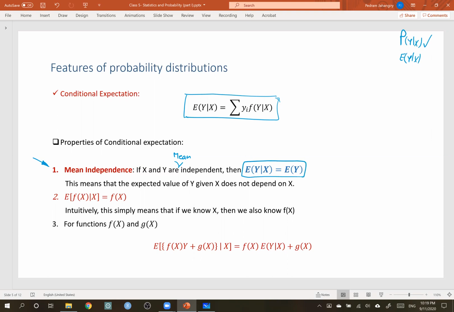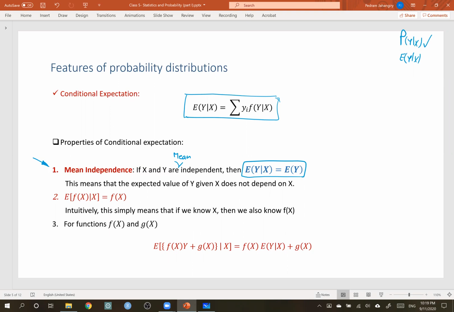What does this mean? This means that the expected value of y has nothing to do with the different levels of x, right? Remember, we say expected value. We never say that the value of y itself has nothing to do with x's. We say the expected value of y has nothing to do with x's, right?